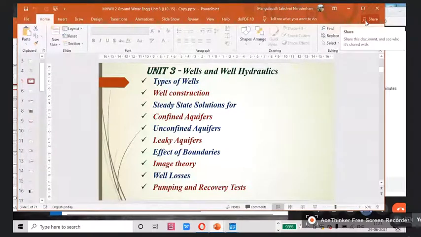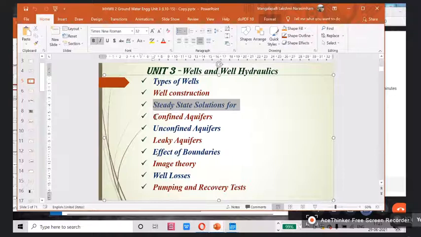Of course, well losses and pumping and recovery tests can be combined with the well construction part. So actually, if I rearrange this, I would like to rearrange them like this.